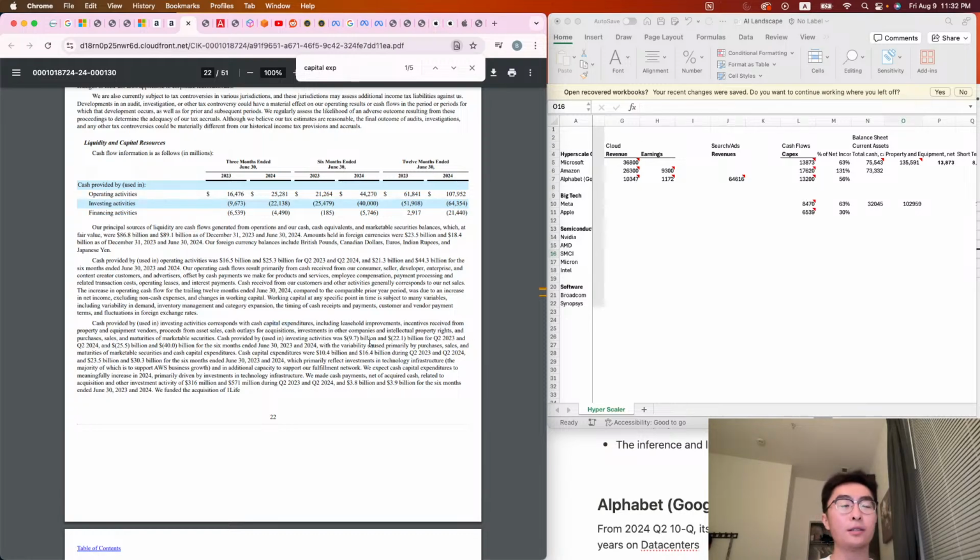Okay, so apparently this is saying that 16.4, not 17.2. But it does say the majority of which is supporting AWS growth.